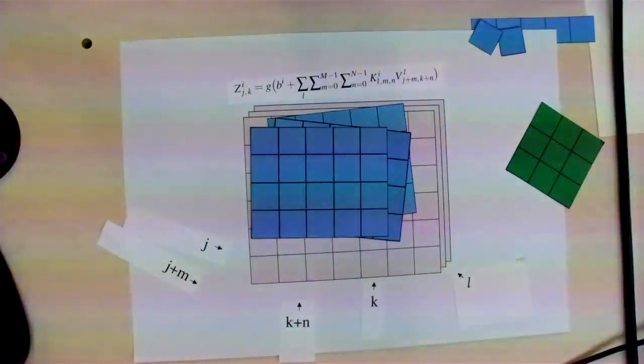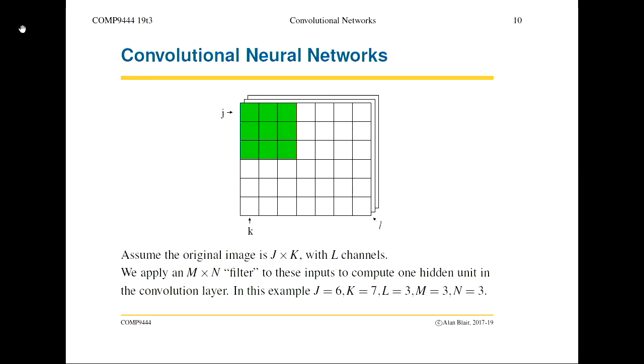Okay, so let's have a look at the numerics of this. Let's suppose that the original image has the dimensions j by k, and that there are L channels. And let's suppose the filter is m by n. In the example that I've shown you, j is 6, k is 7, L is 3, m is 3, and n is 3.